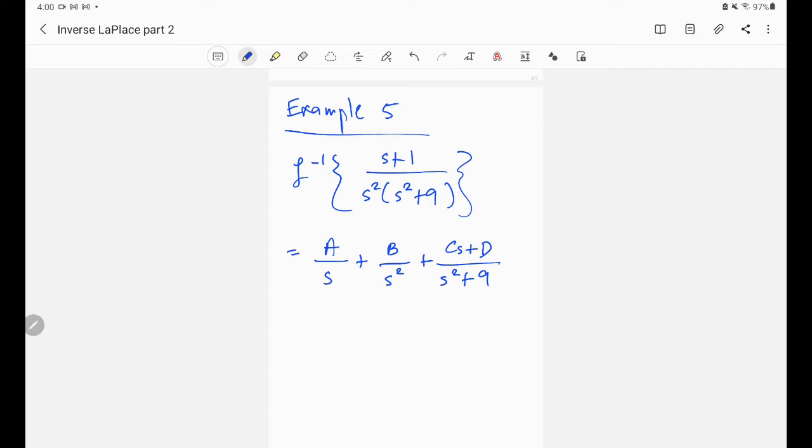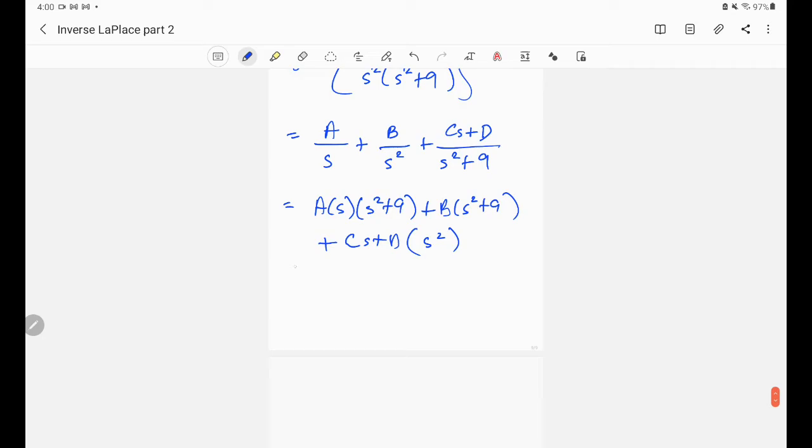So same as just now, we need to multiply up everything to get the same denominator for all of them. Okay, this will be over s squared plus 9.